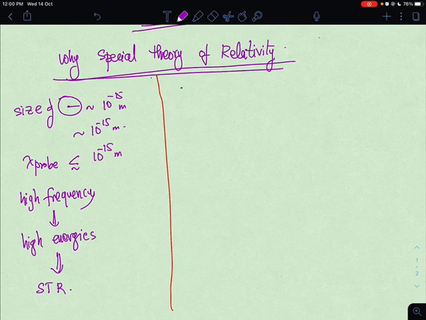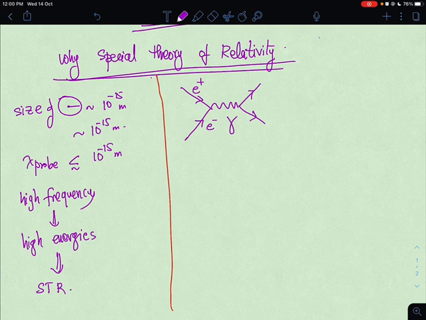There could be an incoming particle and an incoming antiparticle which annihilate and then start producing, for example, a photon, and this photon should be able to produce all the other particles, say all the quarks, all the leptons, and so on. The energy of this photon depends upon the energy of the incoming particles. So what is the energy of the electron and what is the energy of the positron?